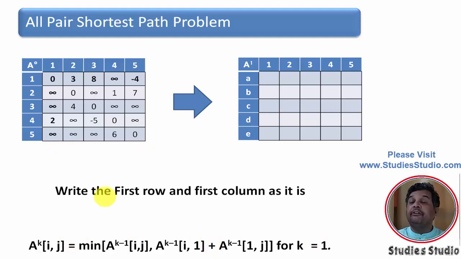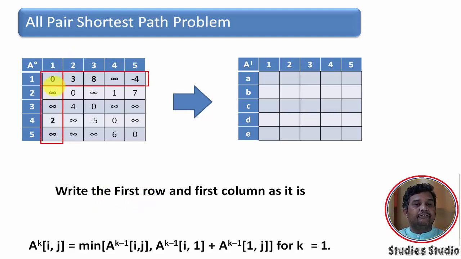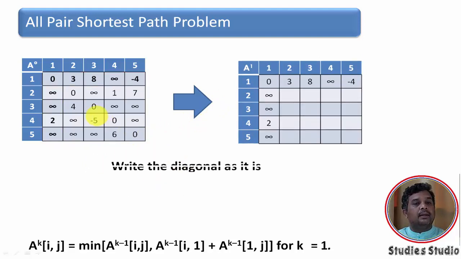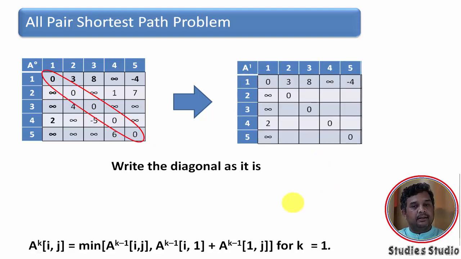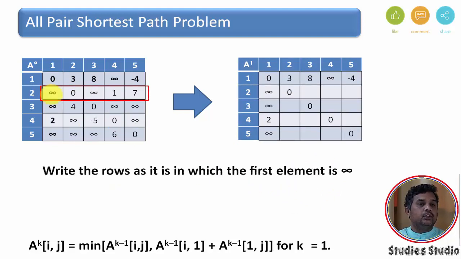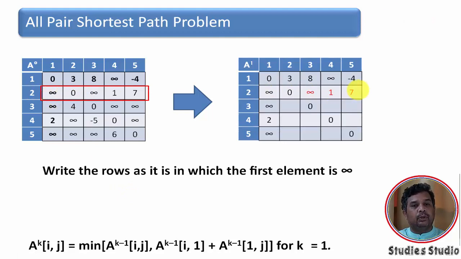Let us see. The first thing we are going to do is take the first row and first column as they are. So this is the first row and first column. We are going to write it here. The next step is the diagonal, all zeros, we are going to write here as it is. So we have written it here. The next step is wherever we have infinity in that particular column, I am going to write it.